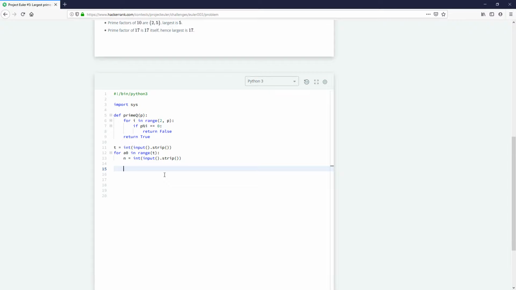So we iterate, again, over factors. For i in range 2 to n, and we actually want to include n because n could be prime, so we're going to check all the possible factors of n.